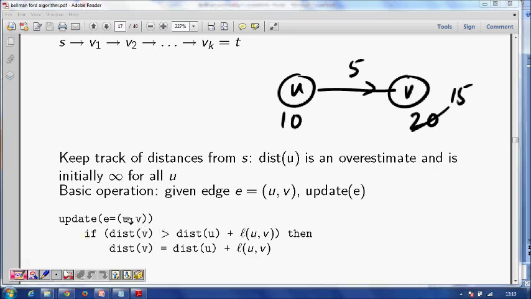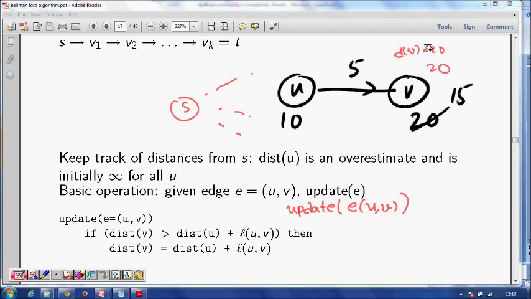So we have update. I think update is a better function name than relaxation. So we have update edge (U, V). Let's say there is a source and some graph like this, and now we are here. Initially D of V is 20, and D of U is 10.